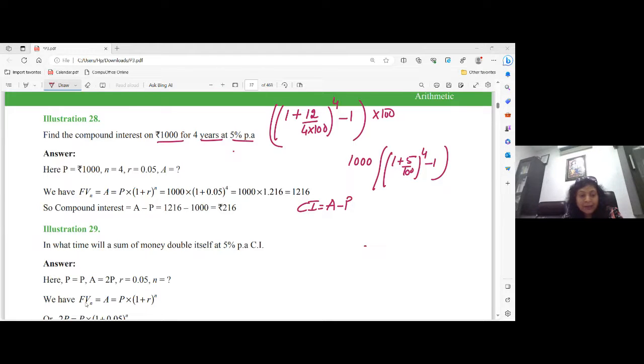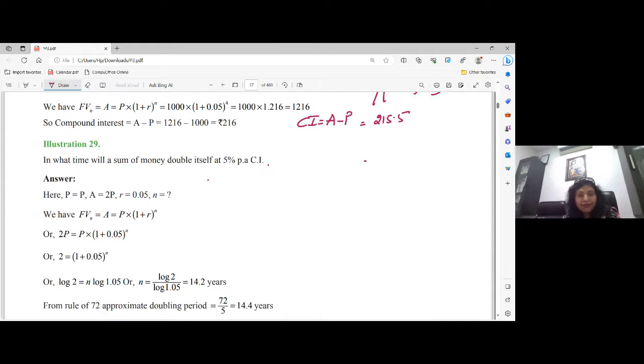So this is 1.05 per 4, 1.2155 minus 1 into 1,000. So that becomes 215.5, because our value is 0.2155, we have to multiply it with 1,000. So answer is 215.5.